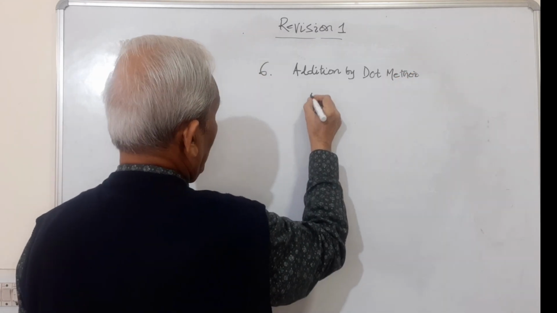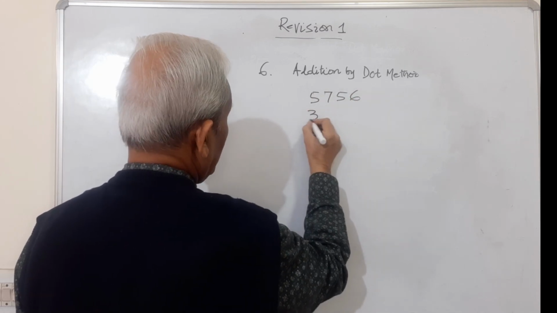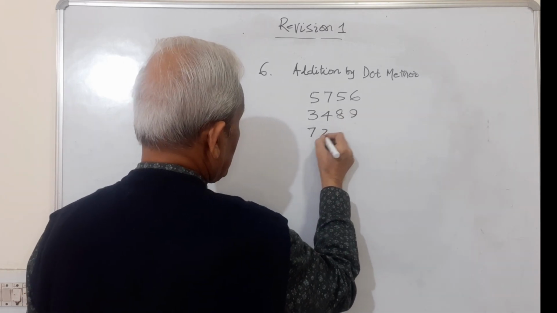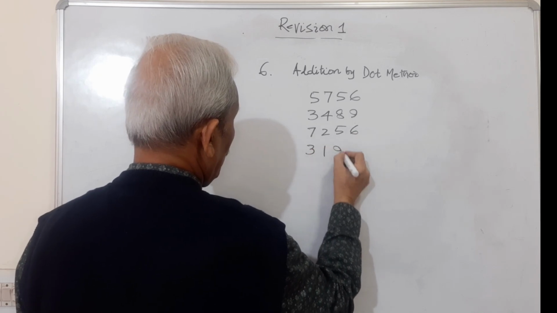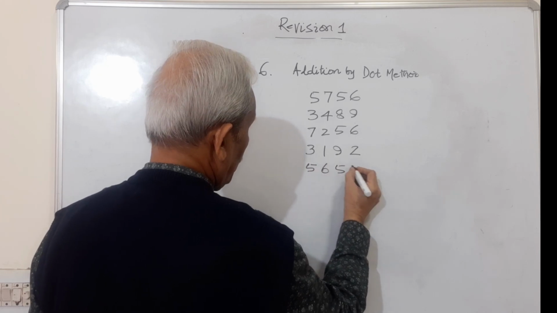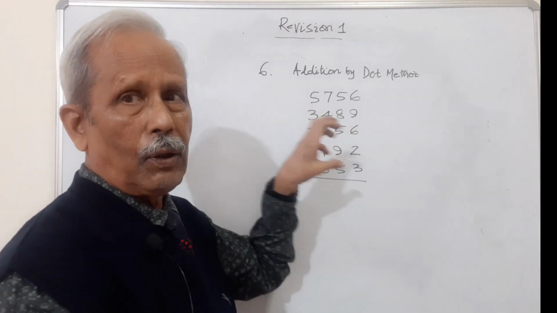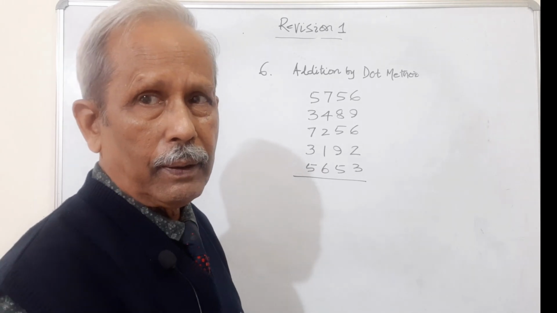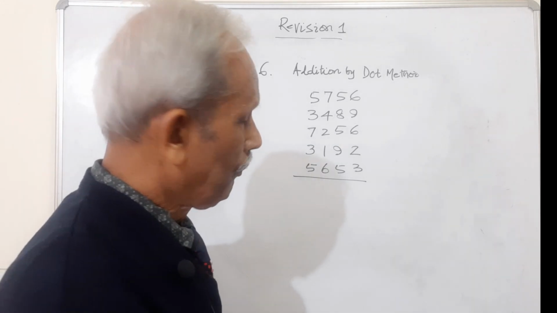The question is 5756, 3489, 7256, 3192, 5653. Now this addition is to be done by the dot method. So give a pause and then do it yourself in your copy, then you come back and I'll explain how it is to be done.